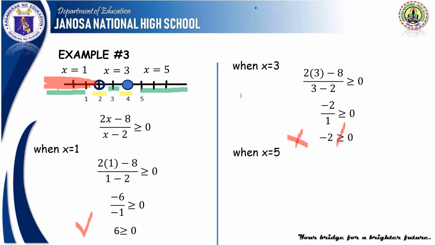Lastly, we have x is equal to 5, which is greater than 4. By substitution, 2 times 5 minus 8 all over 5 minus 2 is greater than or equal to 0. Pag sinimplify, magkakaroon tayo ng 2 over 3 greater than or equal to 0. And this answer is correct because 2 over 3 is greater than 0.